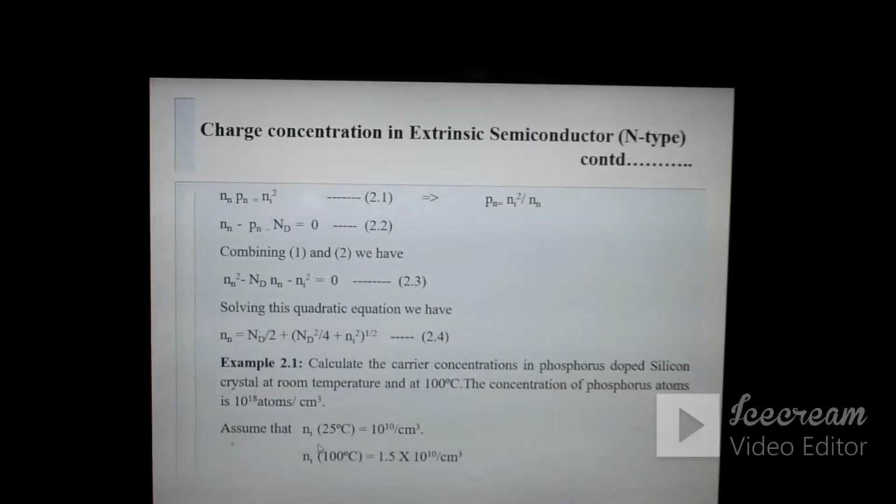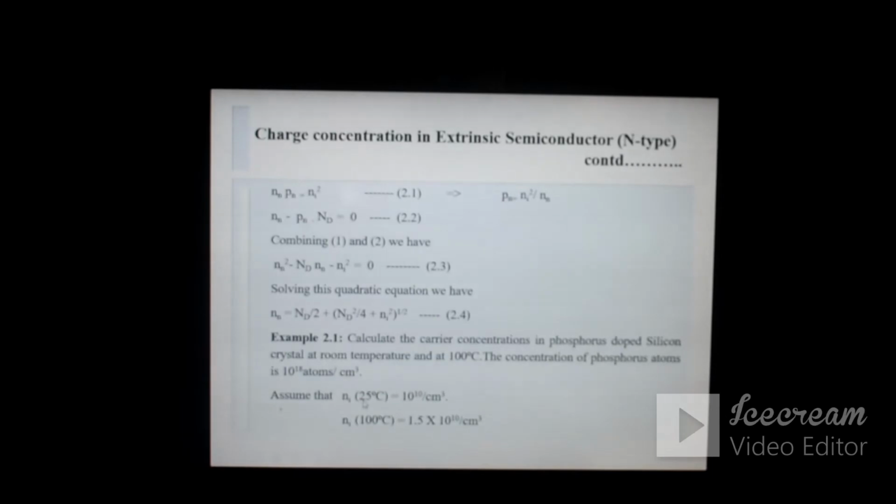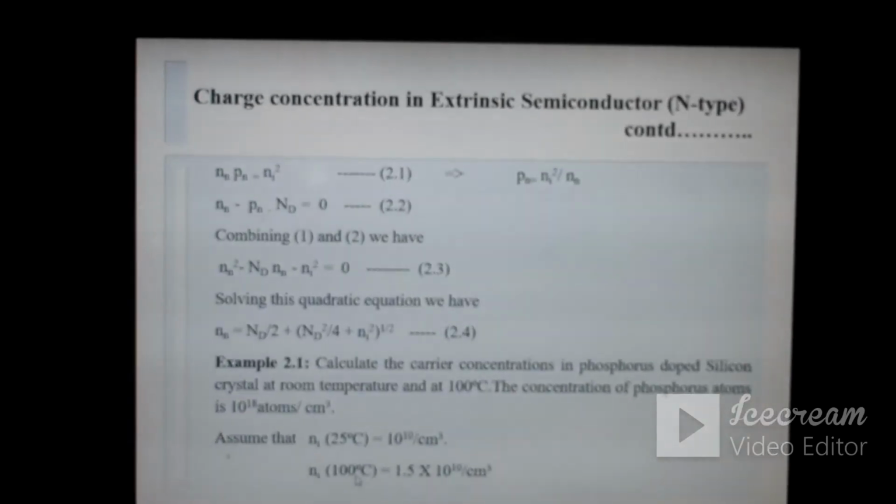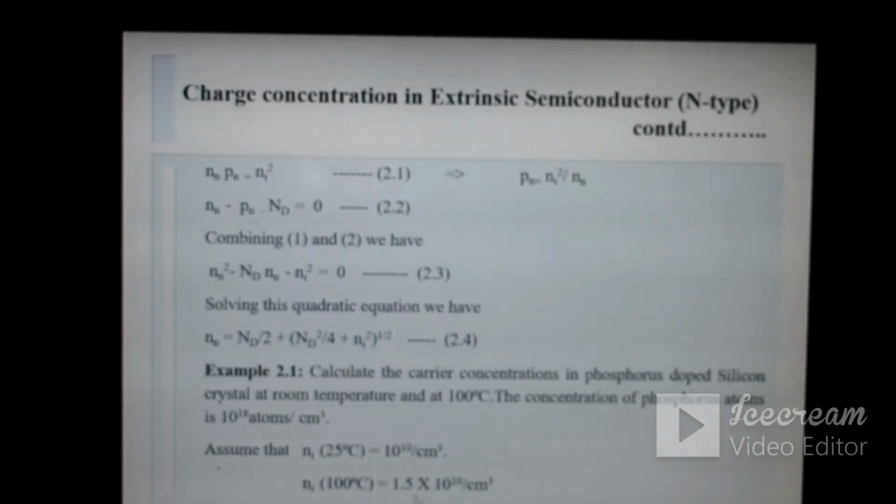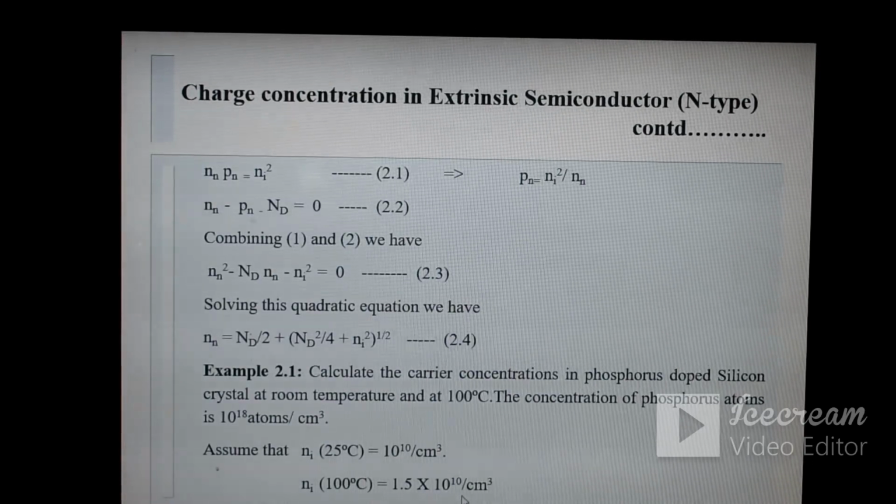Also assume that intrinsic electron concentration at 25 degrees centigrade is 10 to the power 10 per centimeter cube, and at 100 degrees centigrade 1.5 into 10 to the power 10 per centimeter cube.